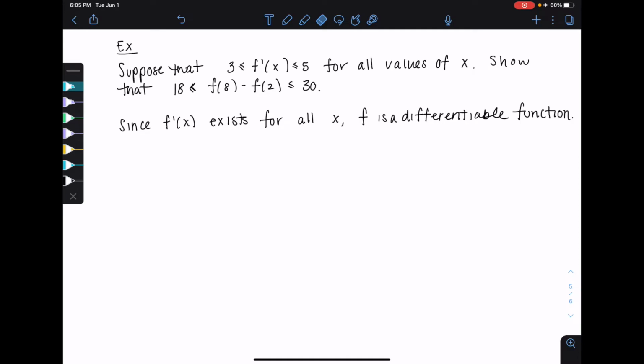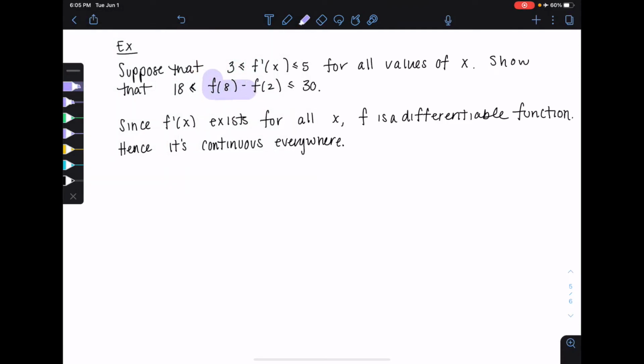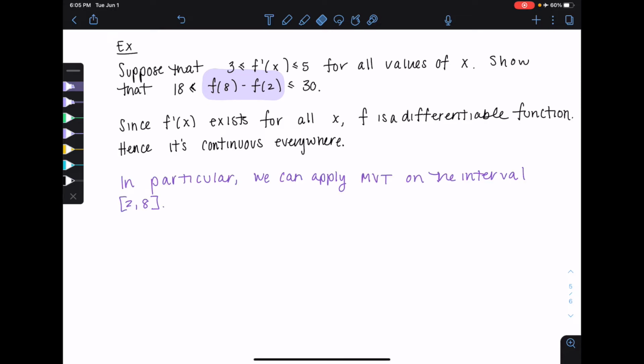Because it's differentiable, it's continuous everywhere. Remember, differentiability guarantees us continuity. In particular, I want to look at f of 8 minus f of 2. That's exactly what goes in the numerator of the mean value theorem. So we can apply mean value theorem on the interval from 2 to 8.